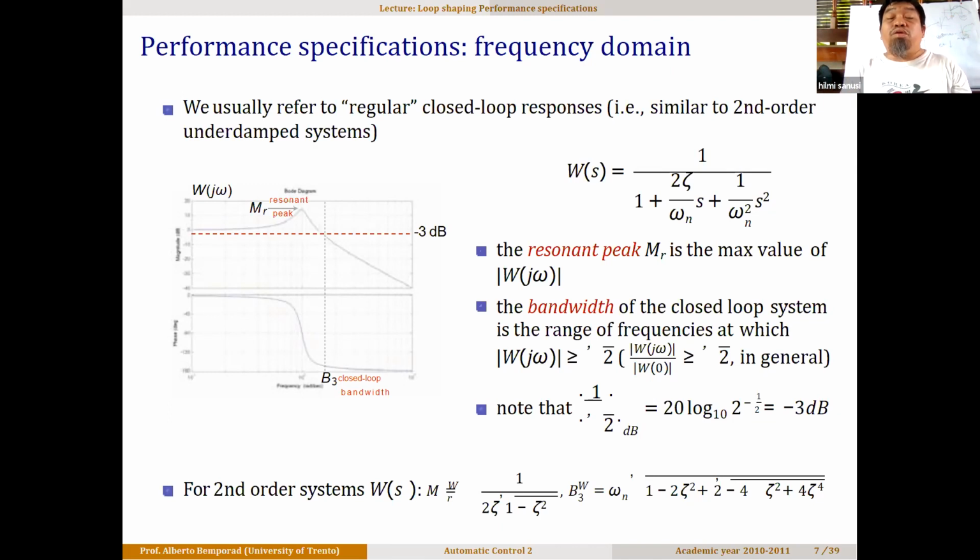And then the bandwidth of the closed loop system is the range of frequency at which the magnitude of the closed loop system, 20 log, is about the amplitude in the log.